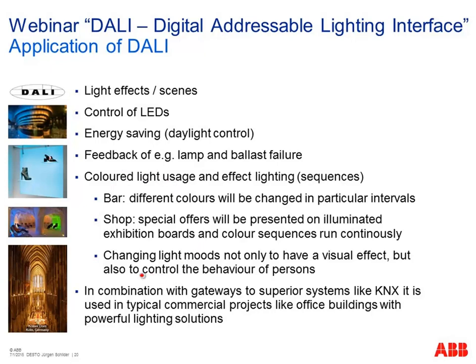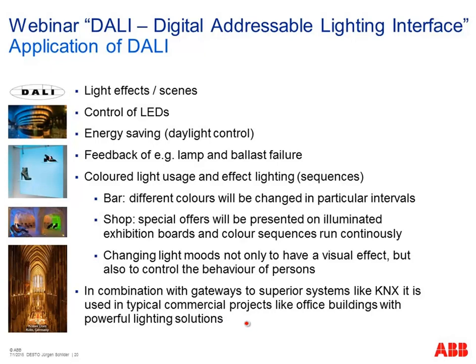But I come back to this topic, connection to superior systems again, for example together with our KNX DALI Gateways. Practically many projects are like the following: we have an office building, for example.